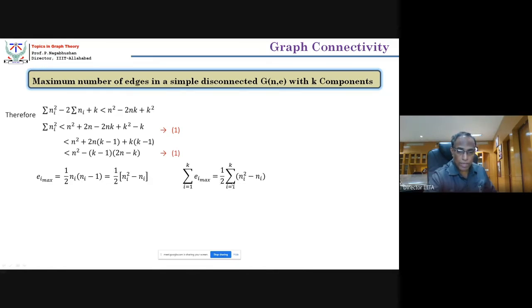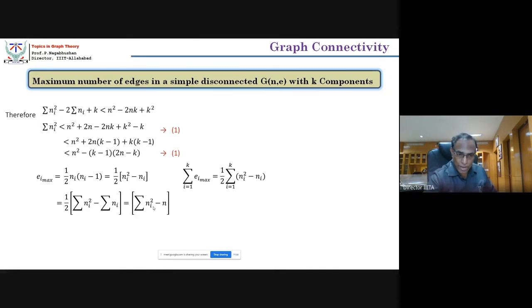So half outside, sigma of this, i going from 1 to k, which is n_i square minus n_i. Is that okay? All right. So this means it is half sigma n_i square minus sigma n_i. Sigma n_i is n. You know that it is half sigma n_i square minus n.